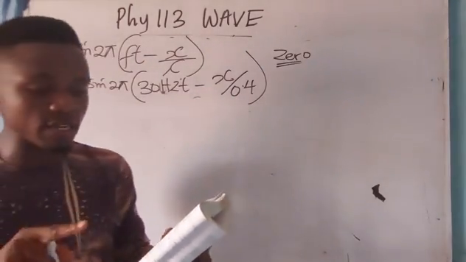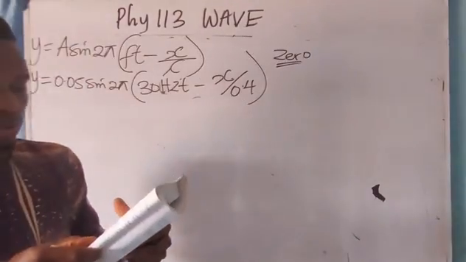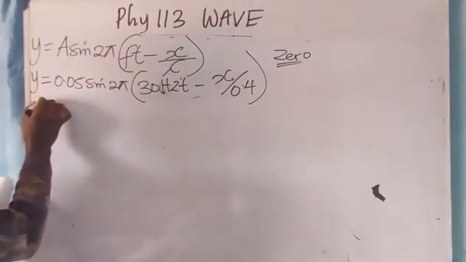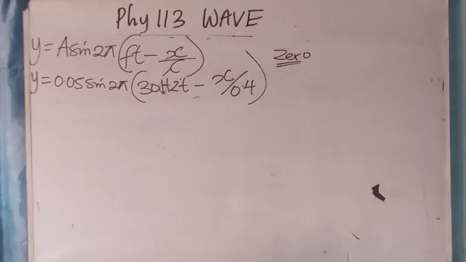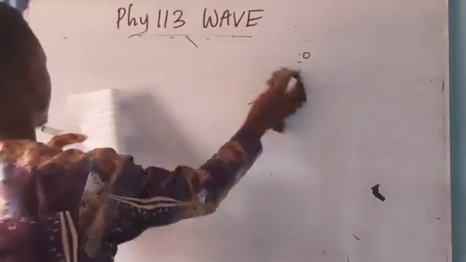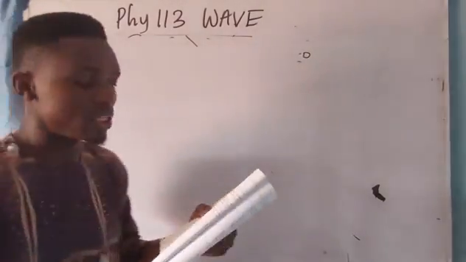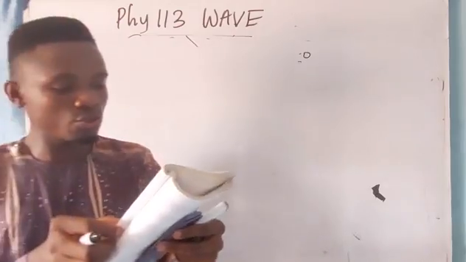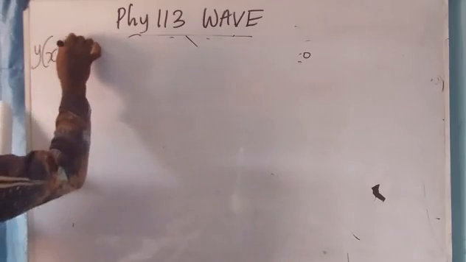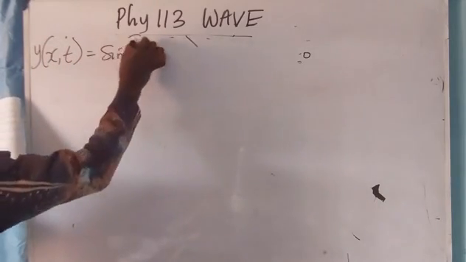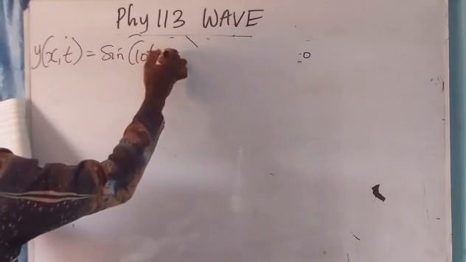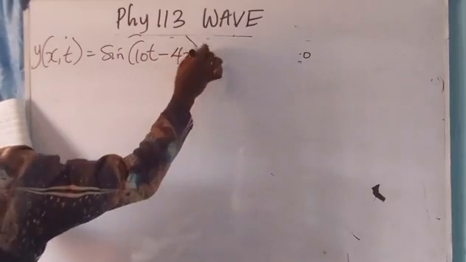Now number 5. The equation of a transverse wave traveling along a stretched string is given as y(x,t) equals sine (10t minus 4x).